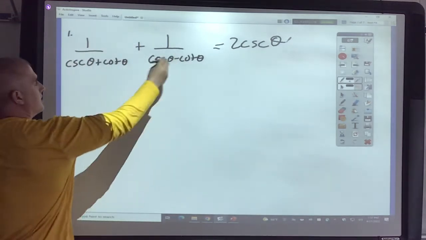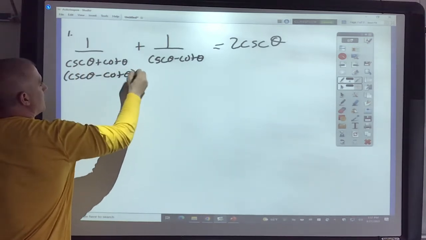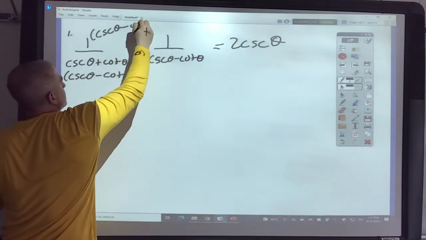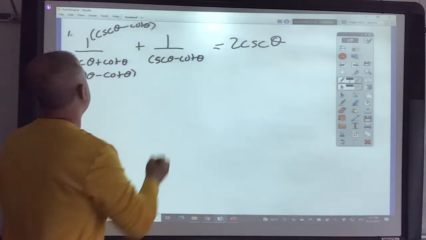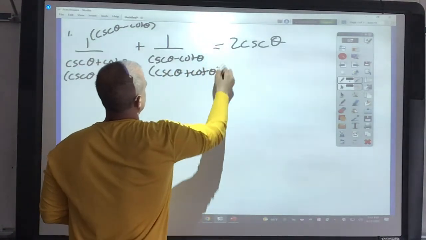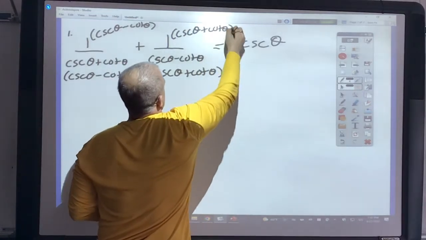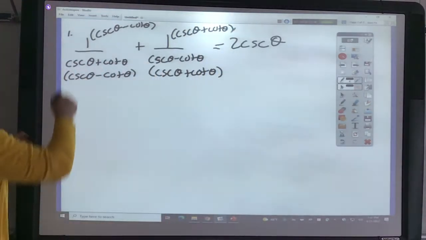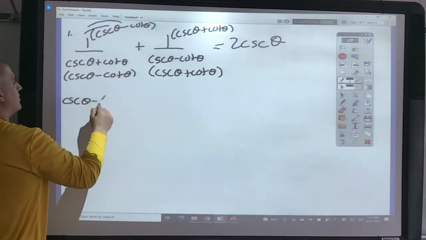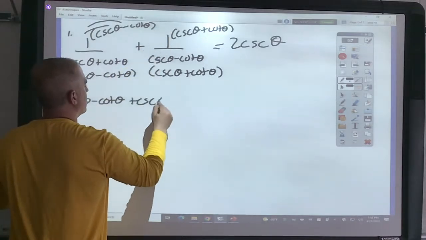The quick way to do that is to multiply this side by what's over here, and I'd also do that on the top and bottom. Okay, so I distribute that. That's going to be cosecant minus cotangent. 1 times that would be another cosecant plus another cotangent.